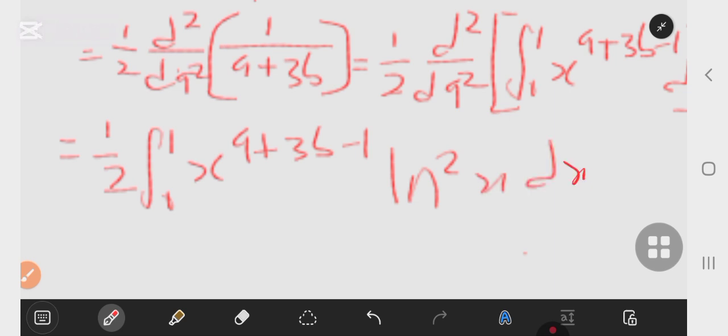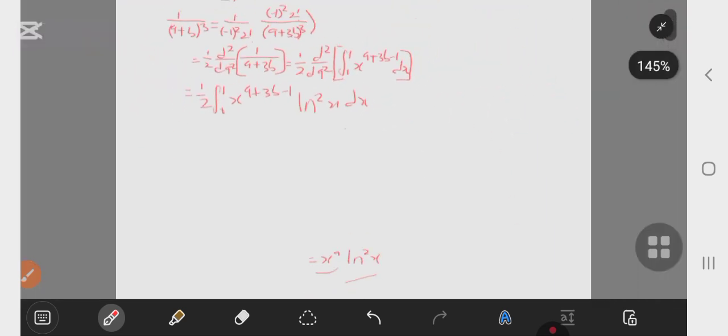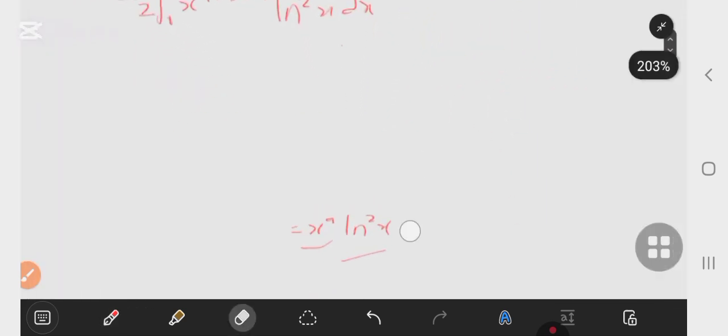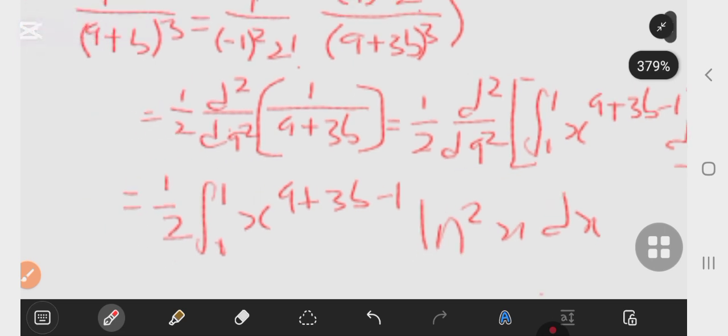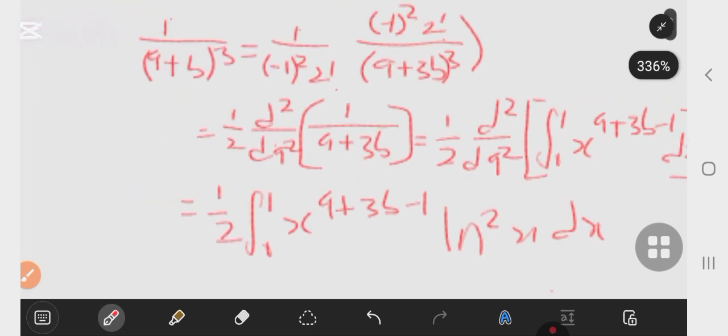Alright, so I've gotten exactly what I need. Let me erase this other one. So now my aim is to replace this with this expression, so let me go back to my sum.